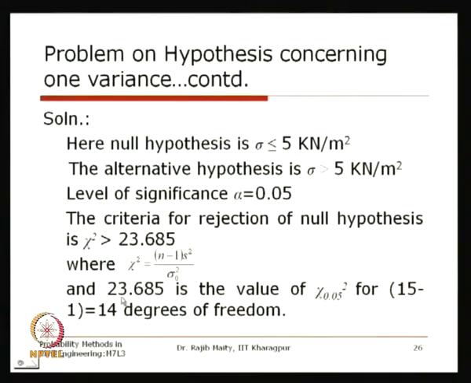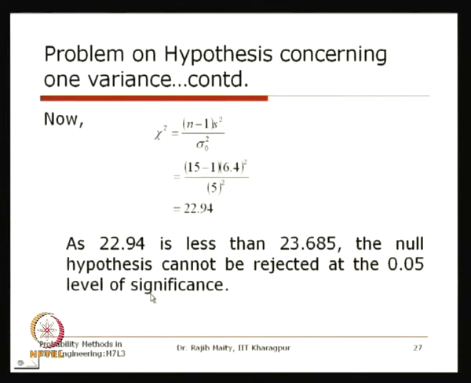So, this is why 23.685 is our critical value. If we calculate the test statistic with this sample data, it is n equals 15 minus 1, times 6.4 squared, divided by 5 squared, and we get 22.94, which is definitely less than our critical value. So, the null hypothesis cannot be rejected at the 0.05 level of significance.